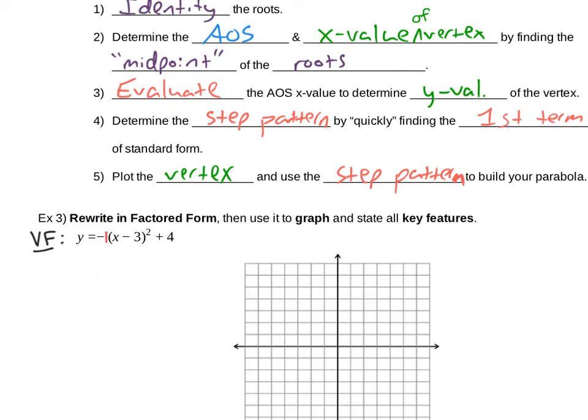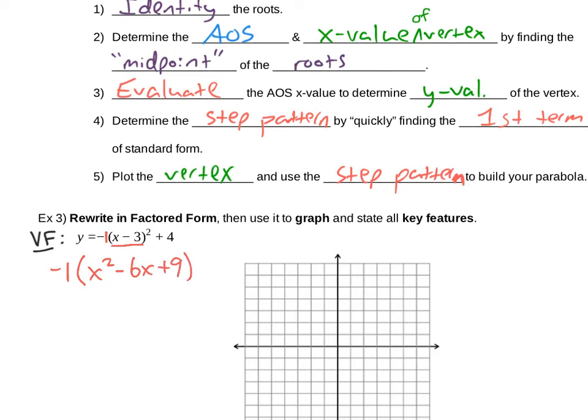All right, first thing I'm going to do is multiply x minus 3 squared. Is that going to be x squared plus 9? Don't fall for it. Nope. We have to expand and multiply. So -1, and if we expand and multiply x minus 3, it's going to give us x squared minus 6x plus 9.